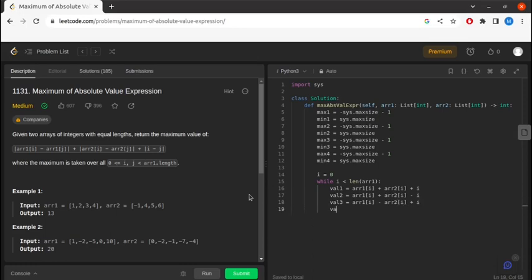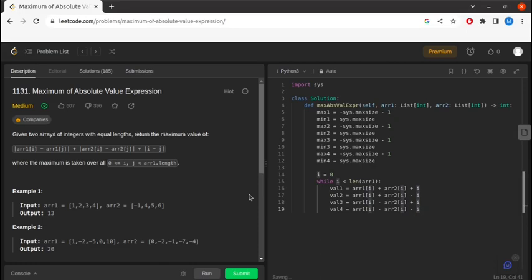Okay. And val4 is equal to arr1[i] minus arr2[i] minus i. Okay.